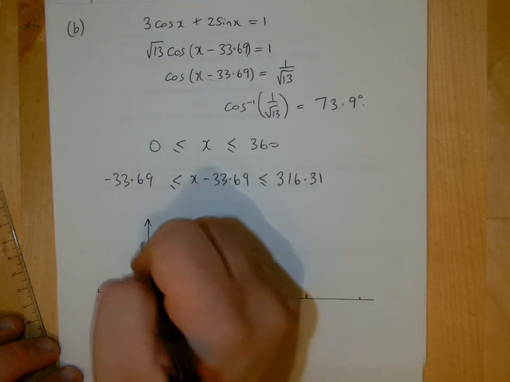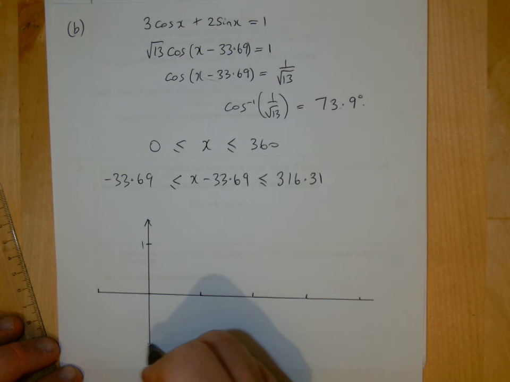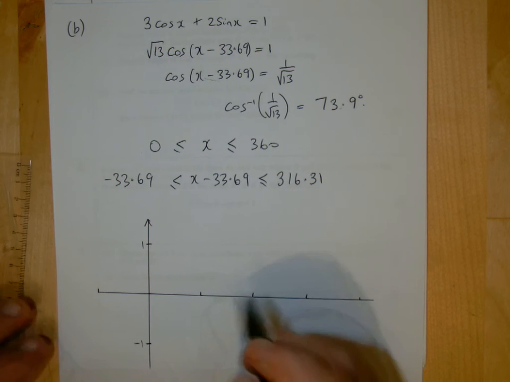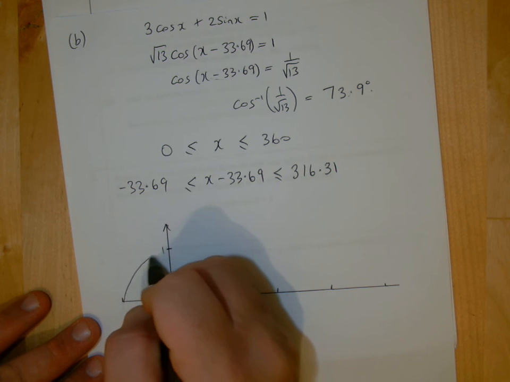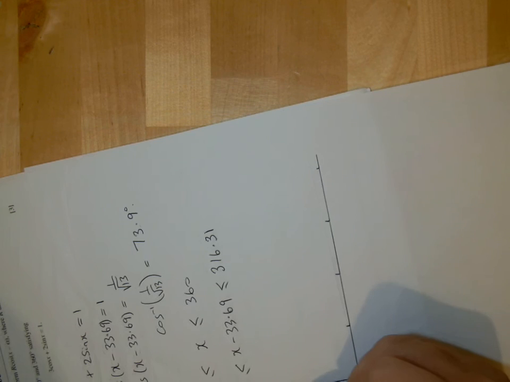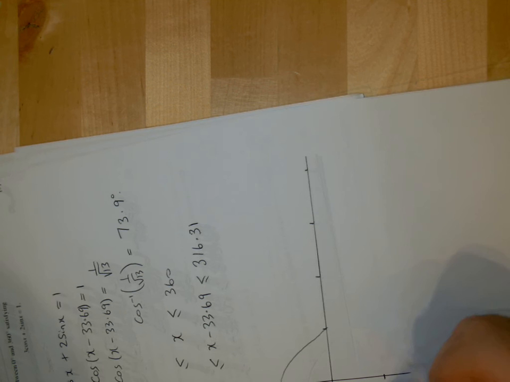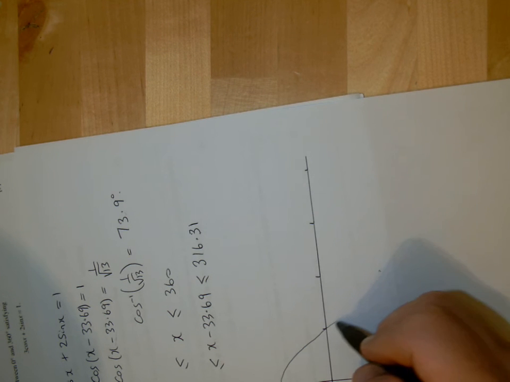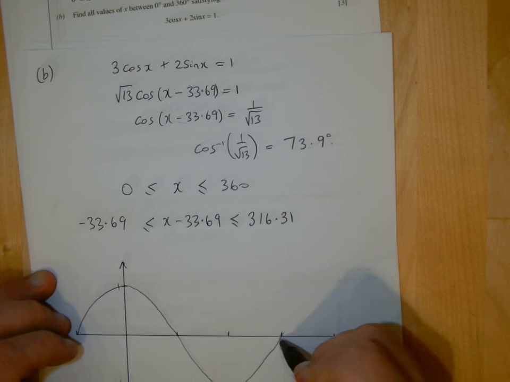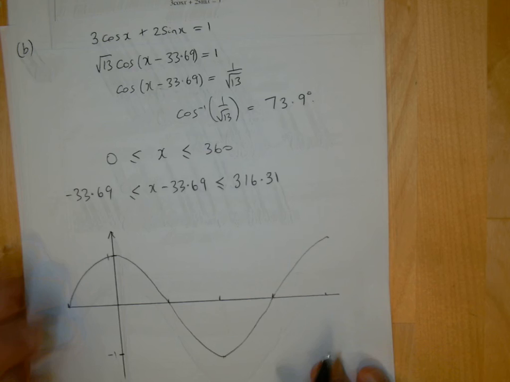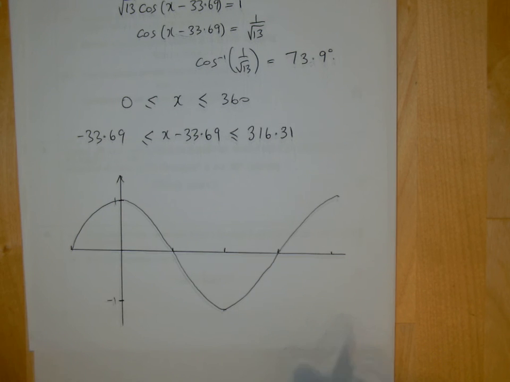We'll put 1 there and minus 1 here. Okay, so I'll draw my cos graph.